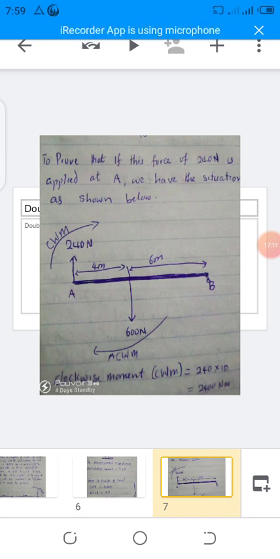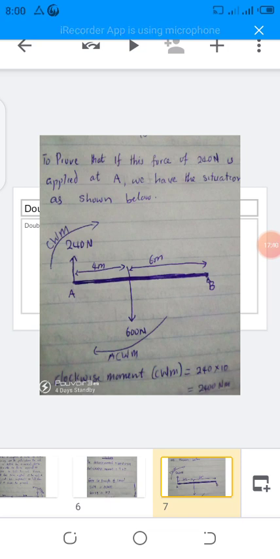In that situation, if you look at it very well, you see that the force 240 acting at A will be going in the direction of the hand of the clock. If you are to lift the object up at point A, the force 240 Newton applied at point A will be going clockwise. That's why the arrow there is indicating the direction of the force.